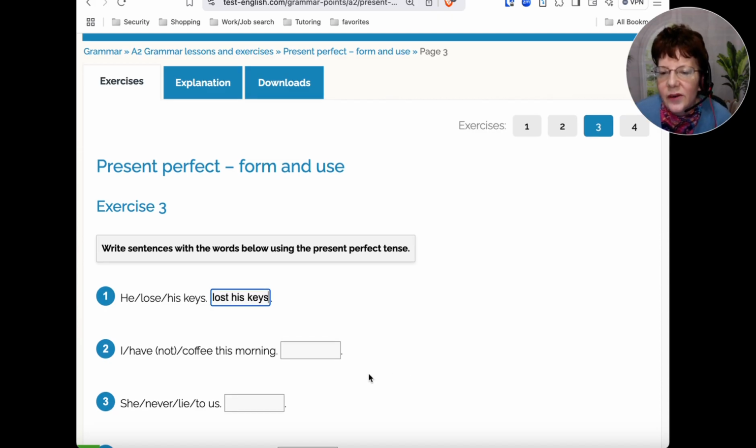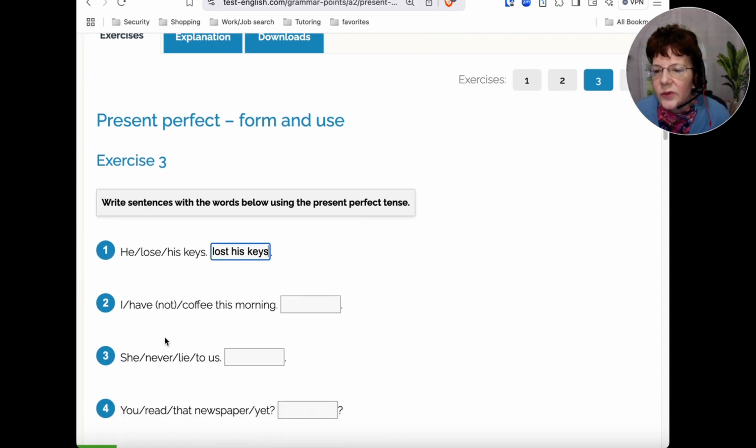All right. Very good. And then number two, I have not coffee this morning. So the sentence in the correct tense. So I. So we can say the contraction haven't, right? Had coffee this morning. There we go. All right.